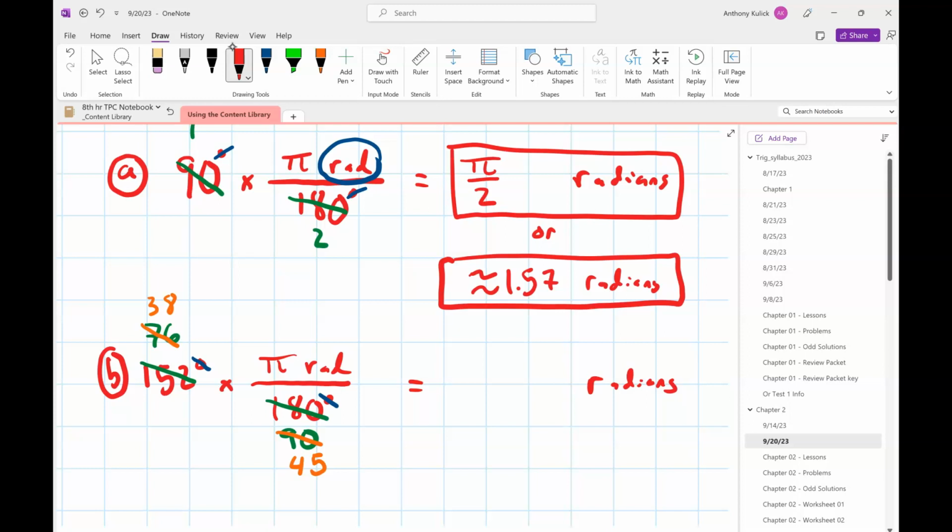Obviously, 5 doesn't divide 38 because it doesn't end in 5 or 0. And I know 3 doesn't divide 38 because the sum of the digits 3 plus 8 isn't divisible by 3. That's a trick for telling if a number is divisible by 3. If you add up all its digits and that number is divisible by 3, then the whole number was divisible by 3. So we're done here. So we'll just call that 38 pi over 45.